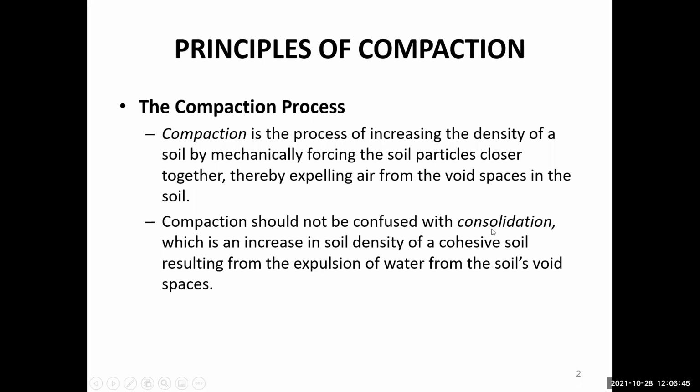Consolidation is much slower than the compaction process, and it is more of a natural process, whereas the compaction is a process which is driven to the soil. Therefore we mechanically bring the particles of the soil closer to each other. In that process, the air is removed, and then the soil is compacted.